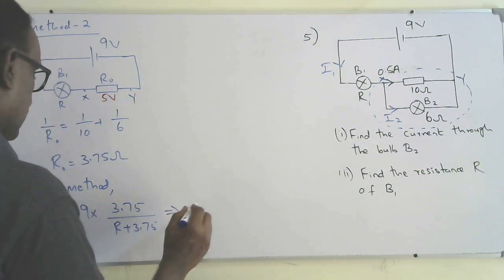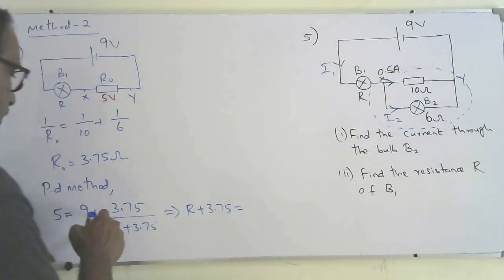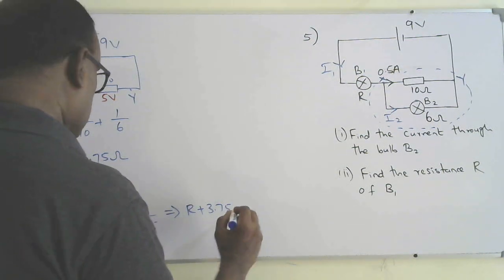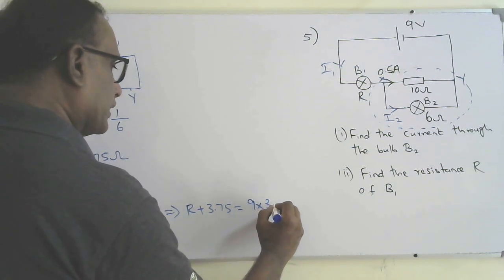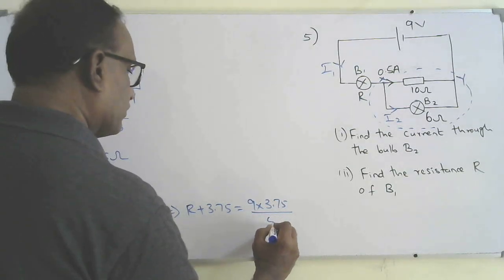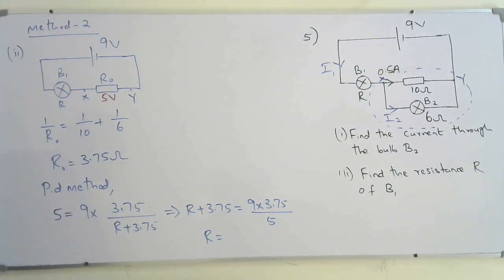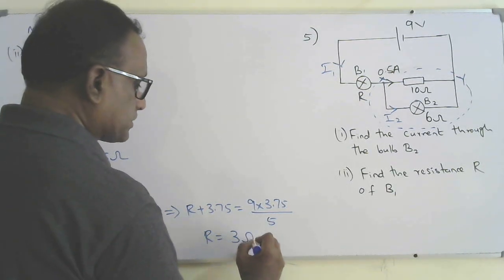So R plus 3.75 equals 9 into 3.75 over 5. Find the R. That will be 3 ohms.